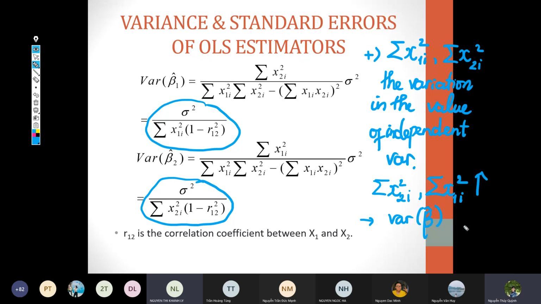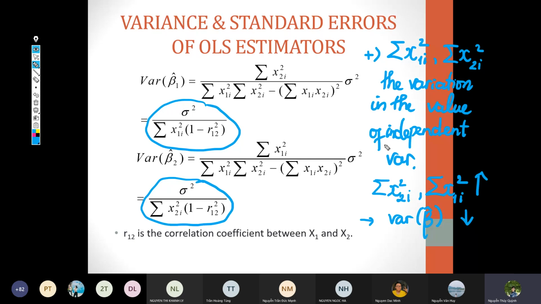The variance of beta hat is smaller, and our OLS estimators will become more precise. That is the first factor.